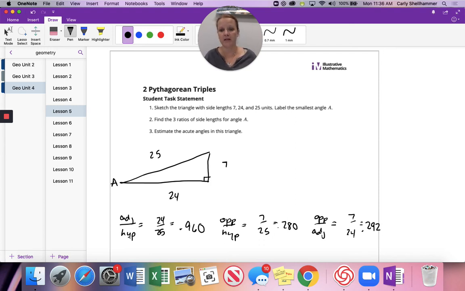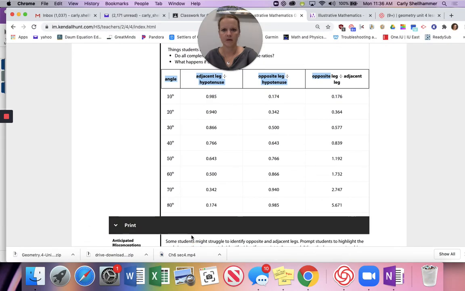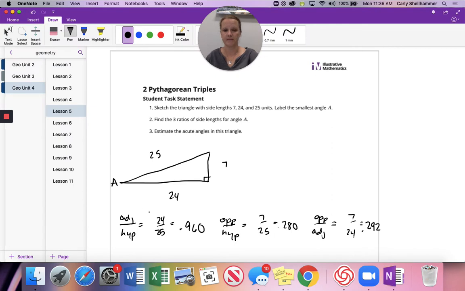All right, so if my adjacent over hypotenuse is 0.96, let's go look. Adjacent over hypotenuse, 0.96. So 15 degrees. It's somewhere in between 10 and 20 degrees. So let's say 15 degrees, which means this one should be 75, 80, 90.